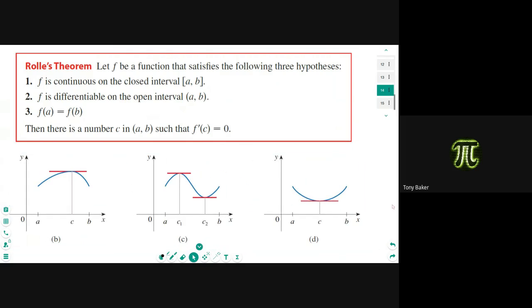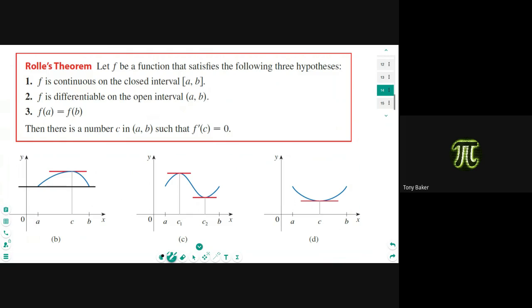So basically what he's saying is, as long as those 2 points have to be exactly the same, then at some point in time, between those 2 points, there has to be a minimum or a maximum, basically. There has to be a place where my derivative is going to be 0.